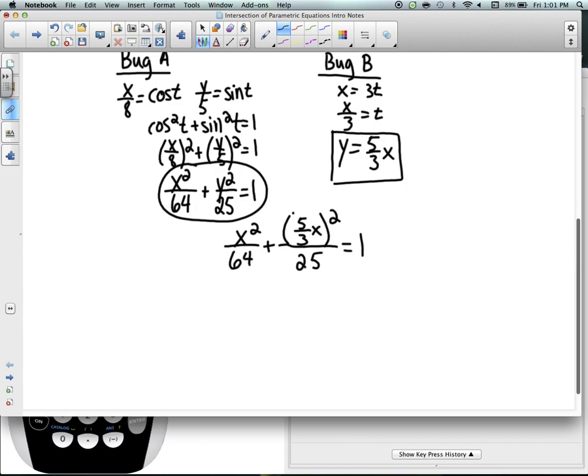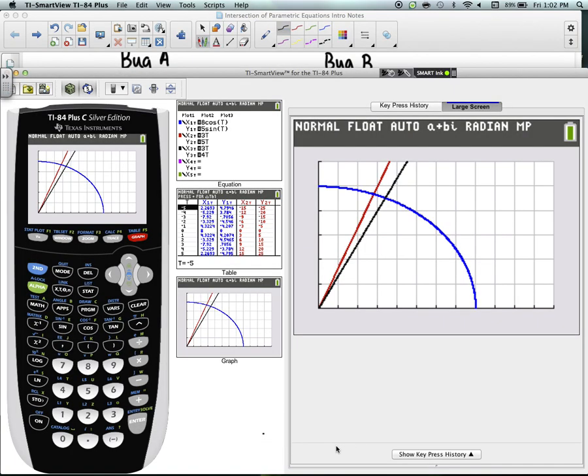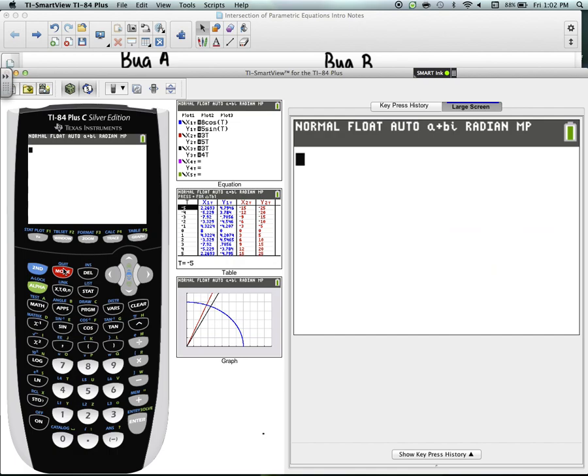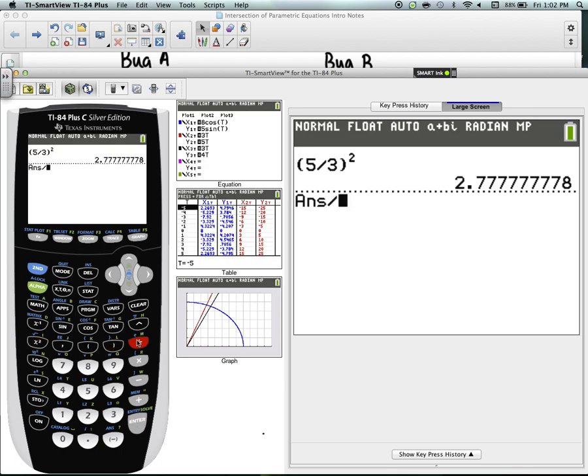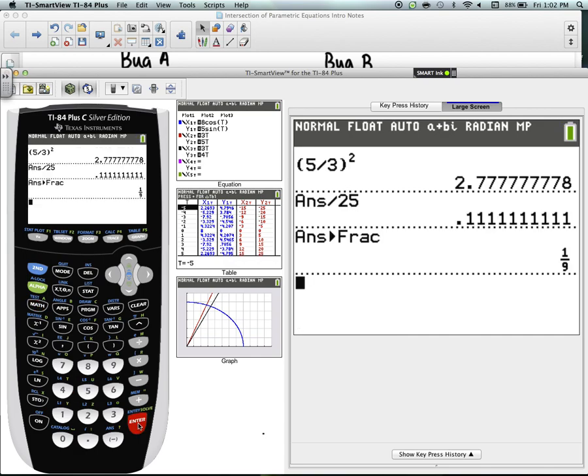For calculator purposes, if you put in 5/3 squared divided by 25, you can do that together. It ends up giving us 1/9.